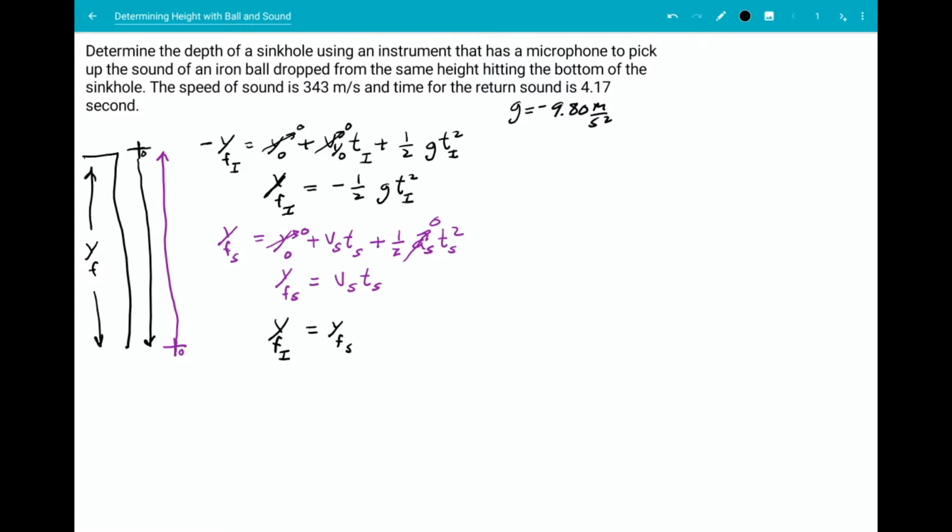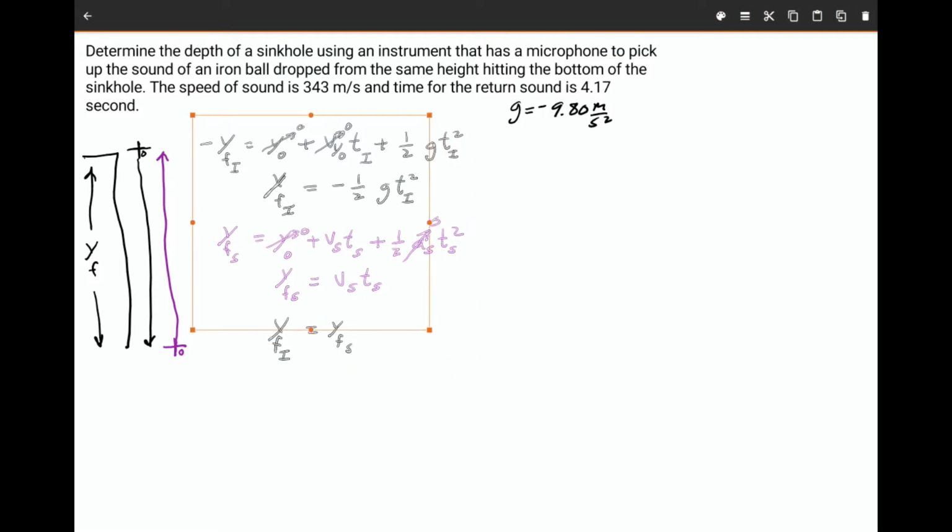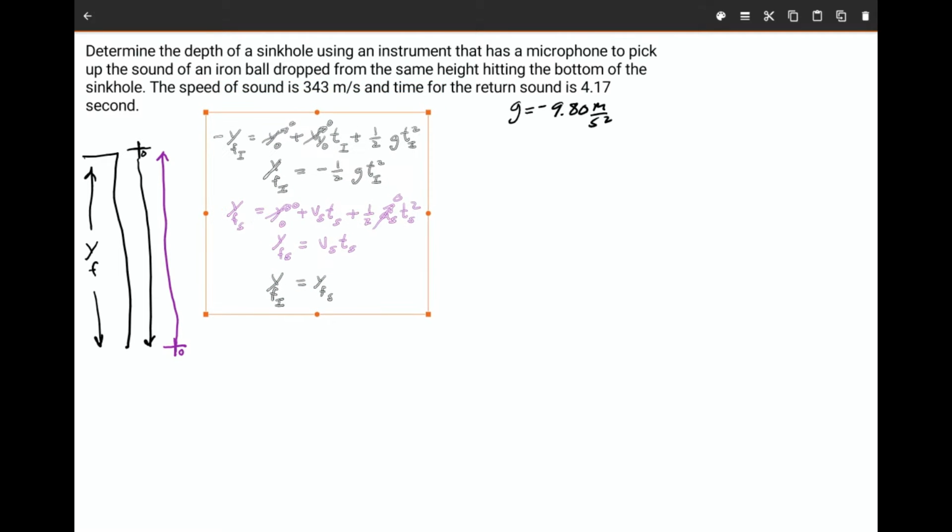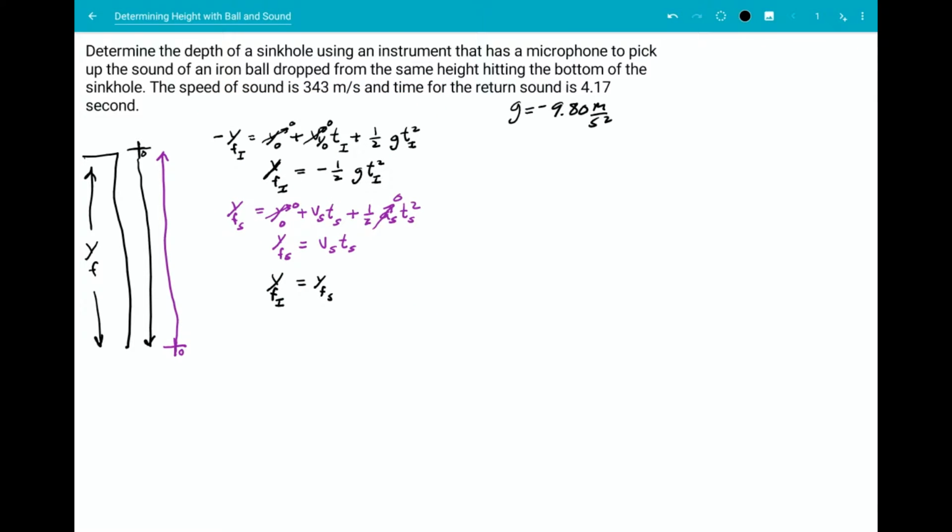So let's give me a little room because I'm going to need it to do some other things. I'm going to move this up right about here. All right, so let's write this up. So we're going to have negative 1/2 g t iron squared equal to Vs t, S for sound.